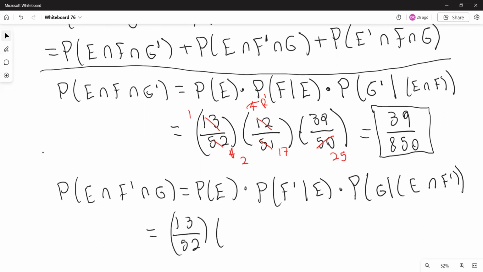The probability that the second card is not a heart, given that the first one is a heart: there are 39 non-hearts left and 51 cards left. And then the third card, if one was a heart but the other one wasn't, there are 12 hearts left out of 50 cards. So compared to the first scenario, the numerators are the same, but they are in different places. So that fraction is still going to simplify as 39 over 850.